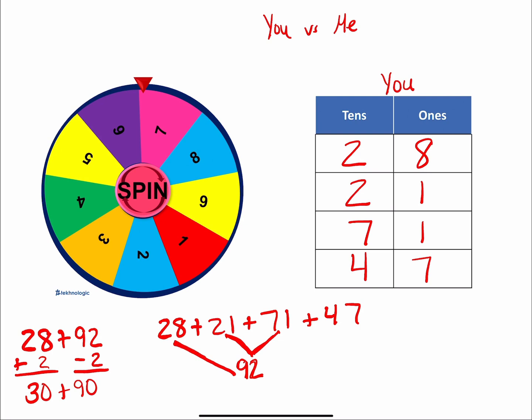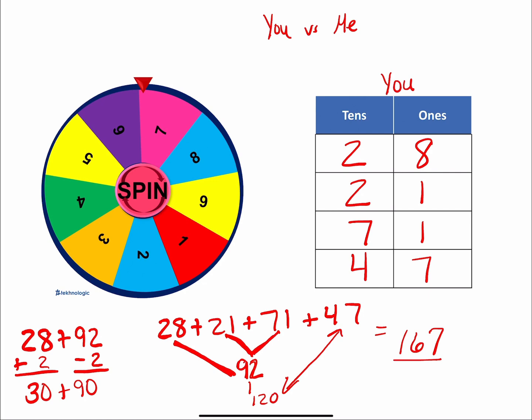Where am I at now if I add these 2? I'm at 30 plus 90 gives me 3 10s plus 9 10s, 12 10s, which is the same thing as 120. Now I get to just add my 120 and my 47, which is a really nice number. And I get what? 167. So your sum that you got was 167.